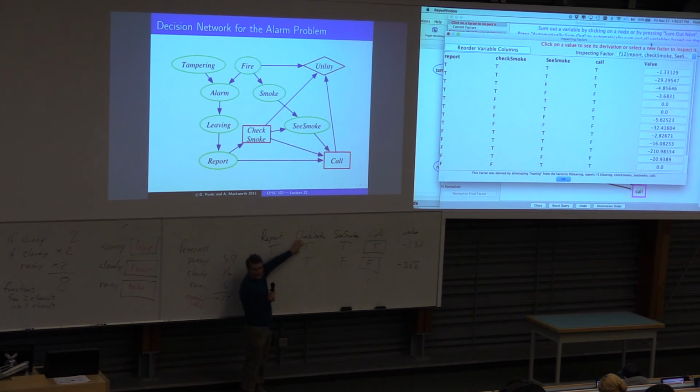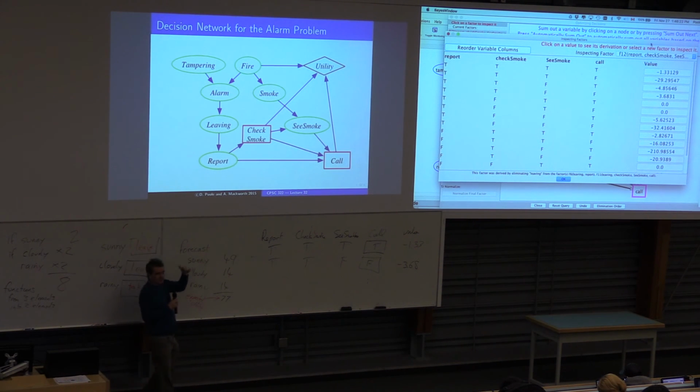If you were allowed to choose different things, check smoke would always be false, because if you can see the smoke, there's no point in checking for smoke. You've paid a cost to check for smoke.